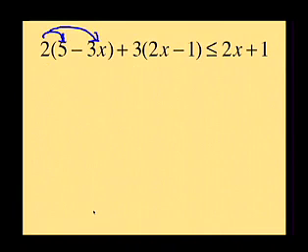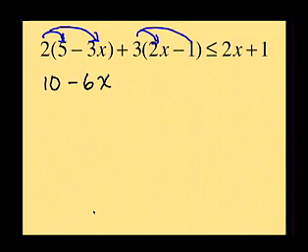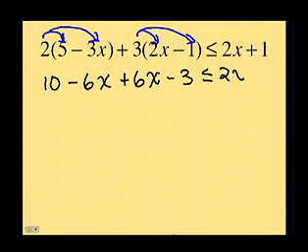And when we distribute the 2, we will get 10 minus 6x. And then we need to distribute the 3. And when we do that, we'll get plus 6x minus 3. On the right-hand side, we still have 2x plus 1.